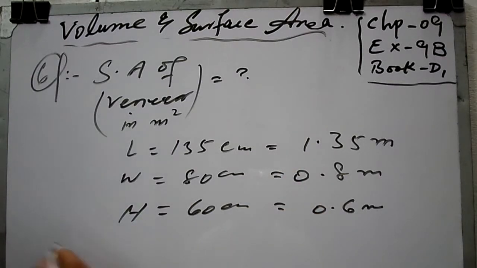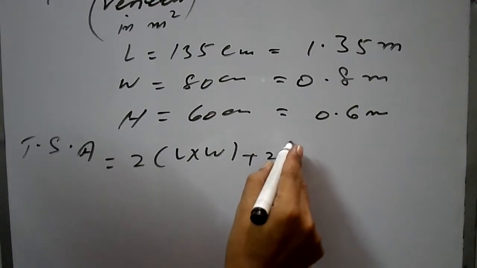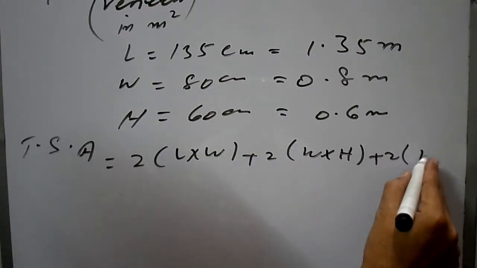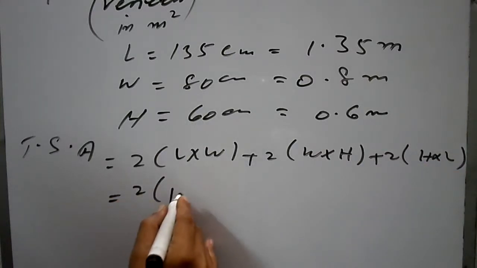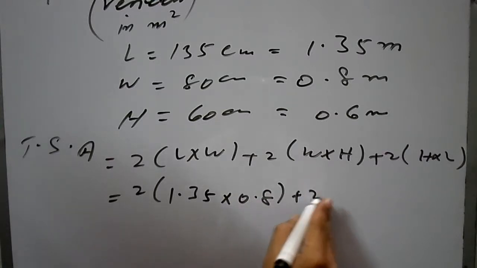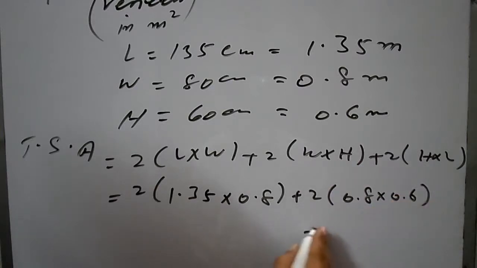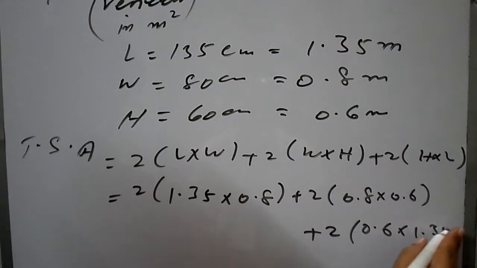So the total surface area is equal to 2 into length into width, 2 into width into height, and 2 into height into length. So putting the values, 1.35 multiplied by 0.8, 0.8 multiplied by 0.6, 0.6 multiplied by 1.35.